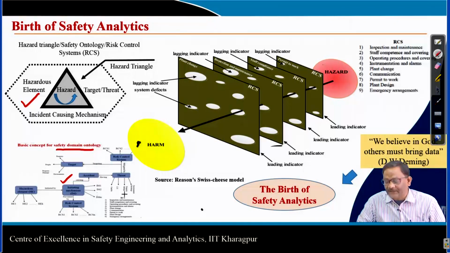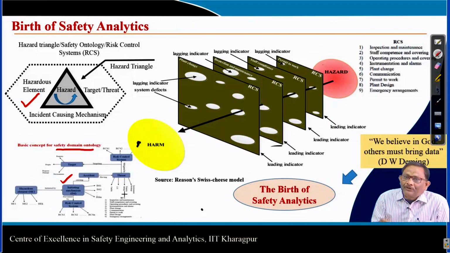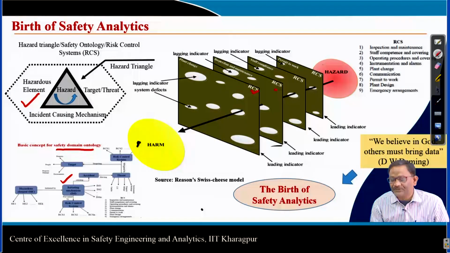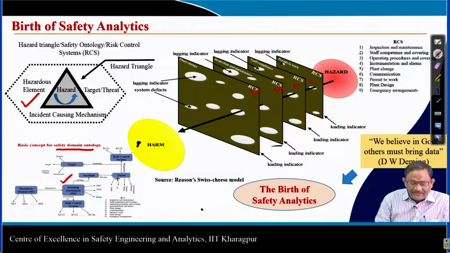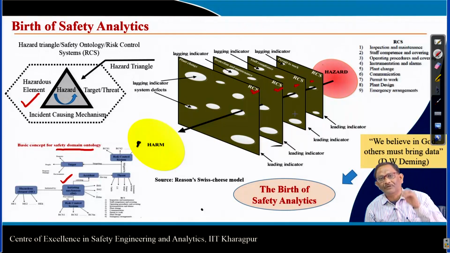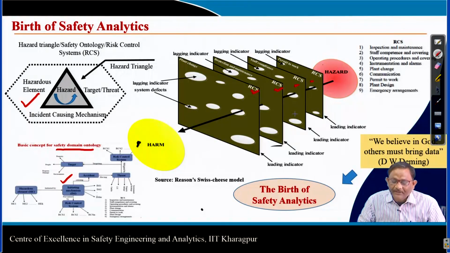Now, in order to fulfill the objective, you are introducing risk control systems, preventive and mitigative. The incident path comes from the Swiss cheese model point of view. That means the risk control systems by design have certain loopholes. When all the loopholes are aligned together at a particular point in time, the accident path is generated.